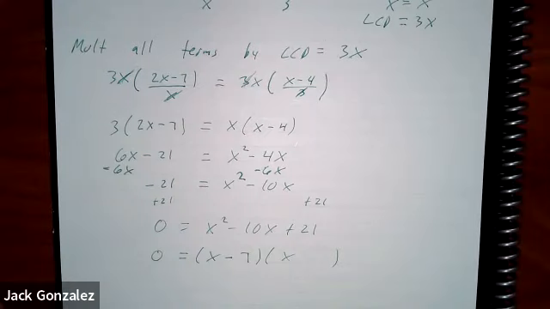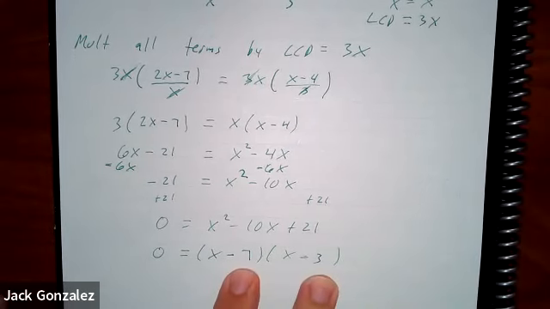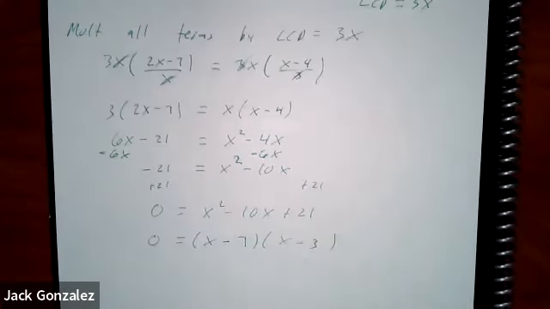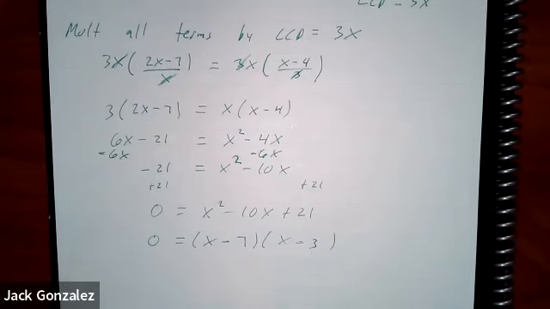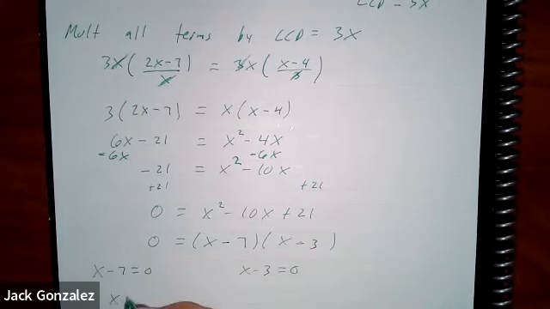And the other one is positive, if they're positive, would it add up to -10? No, sorry, negative. If they're both negative, they multiply to give me positive, right? So yeah, we're good. So x minus 7 equal to 0. X minus 3 equal to 0. X is 7. X is 3.